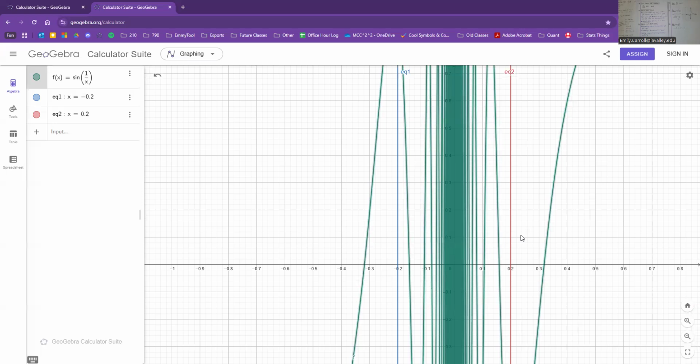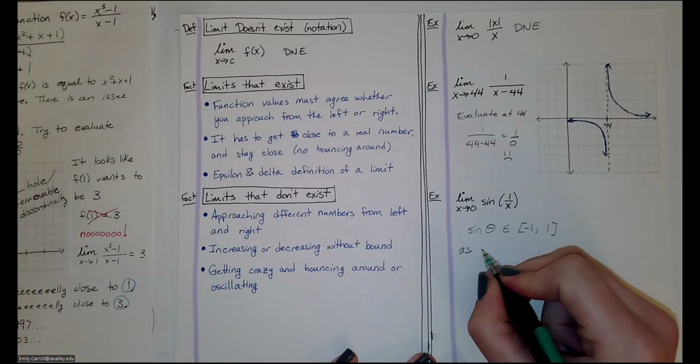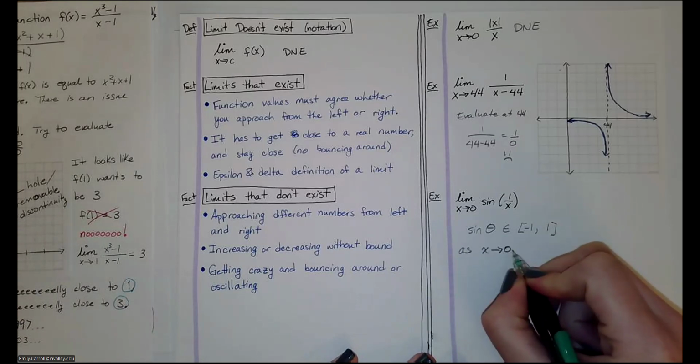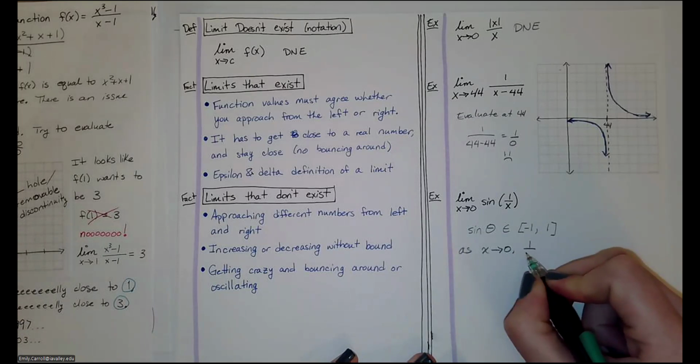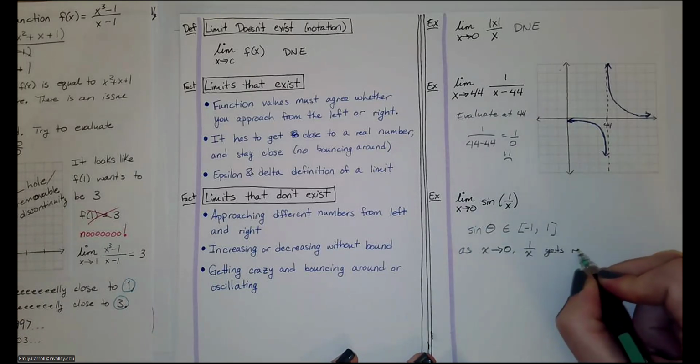Okay, so as x is approaching 0, let me write this down for you. As x goes to 0, 1 over x gets really big.